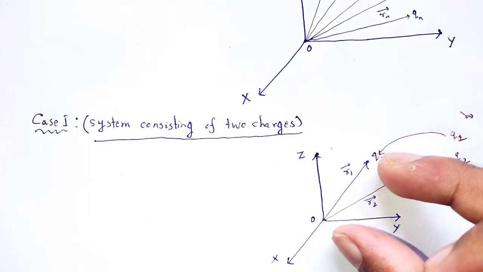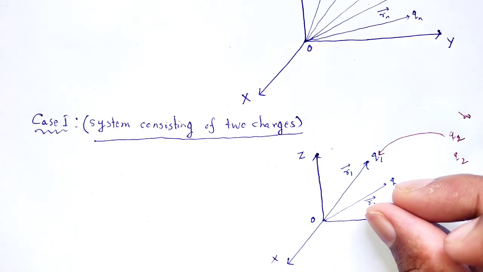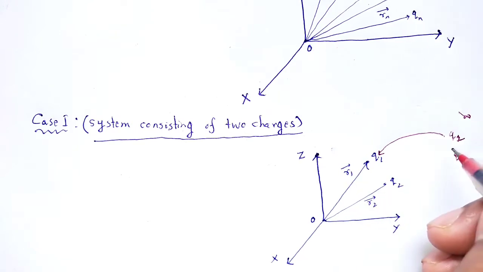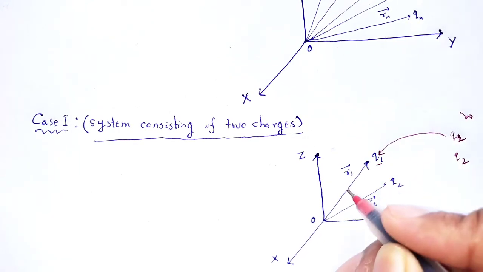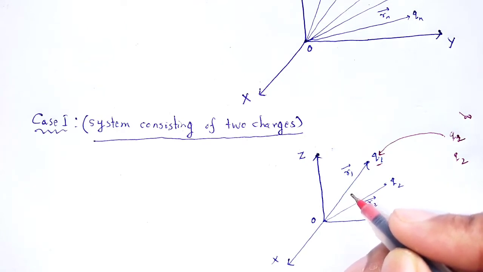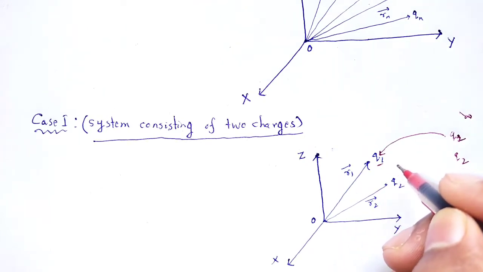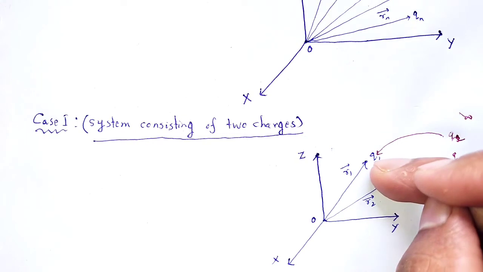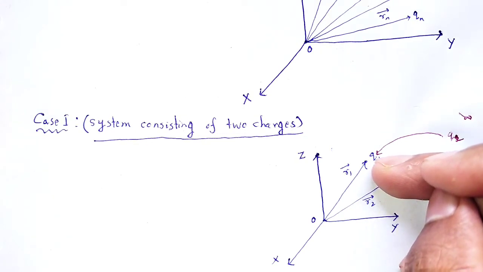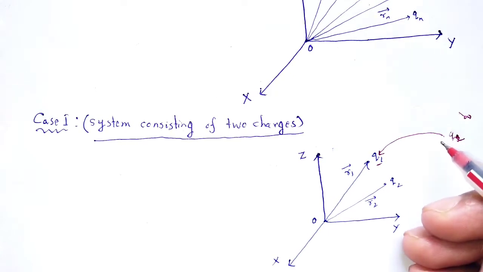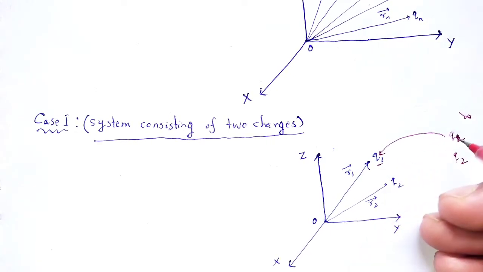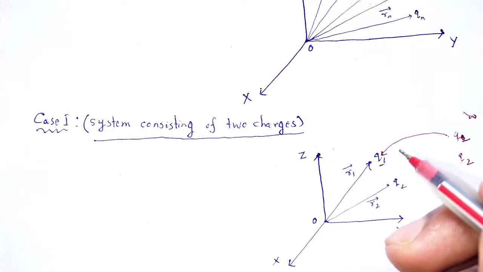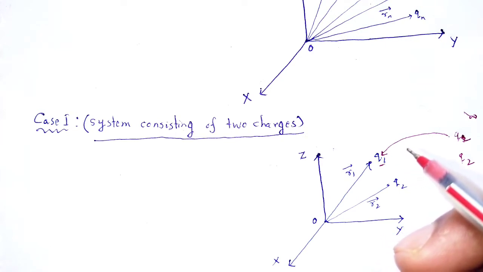In this case the work done will be 0, because the charge q1 has not been moved against any electrostatic force. Since q1 and q2 are at infinity, there will be no such electrostatic force here.